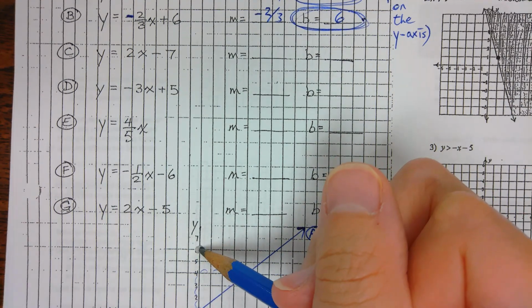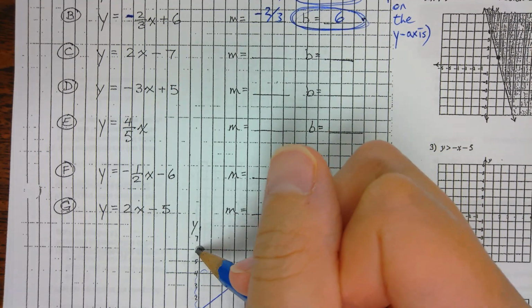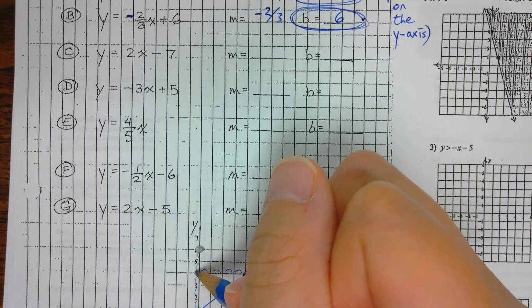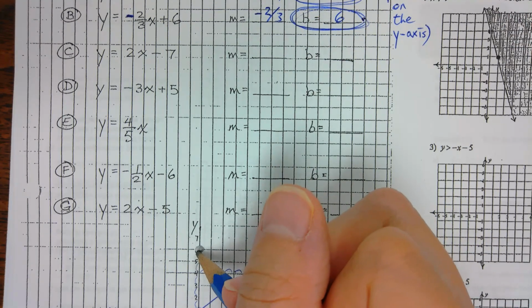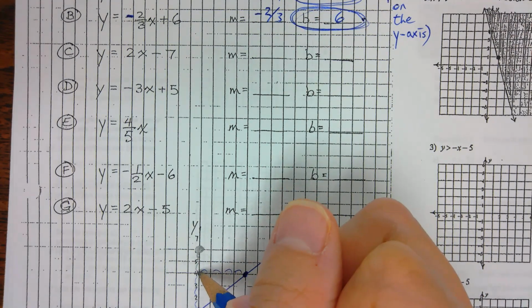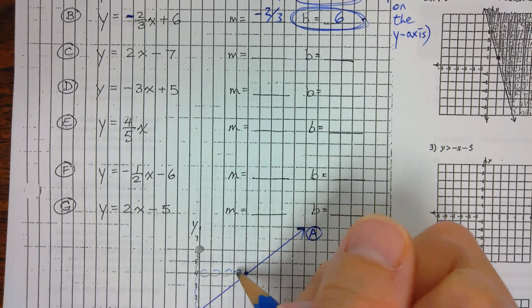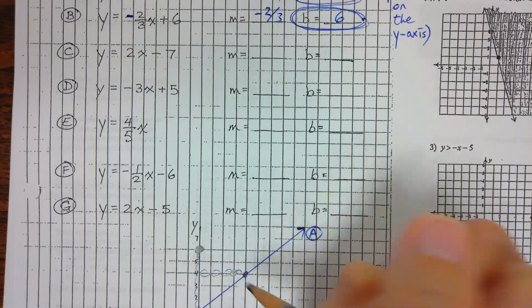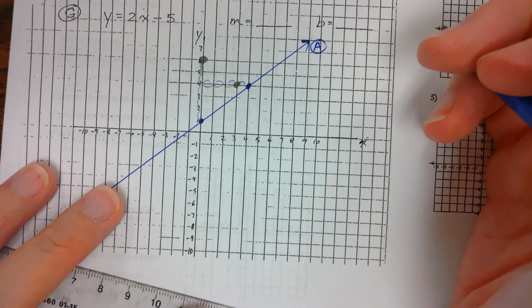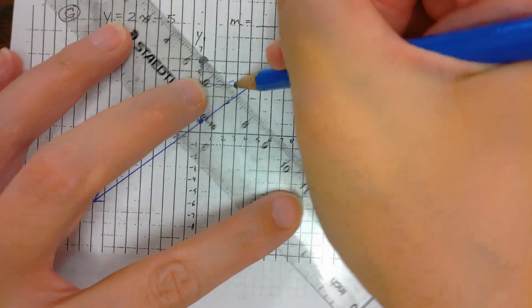So what should I do from this point? Adam? Move down 2 because it's negative 2. And then? Move left 3 times. Right. 1, 2, 3. And then there's my second point. And so I can draw my line. Okay?